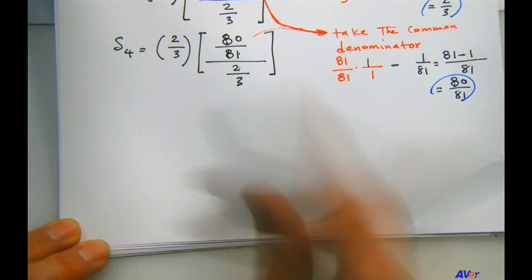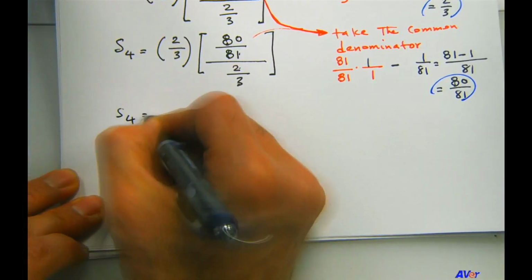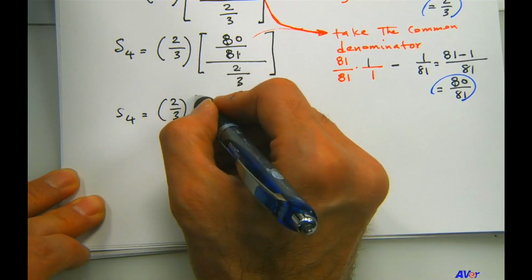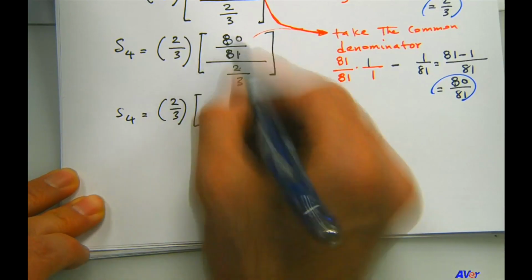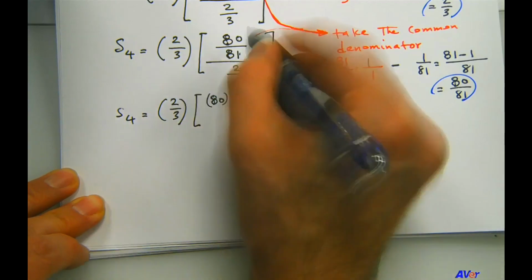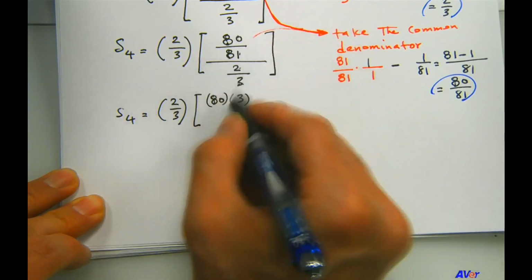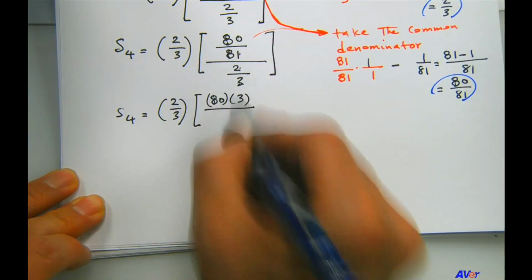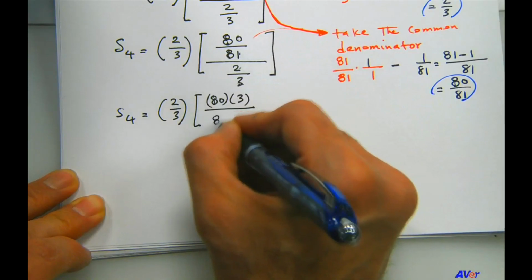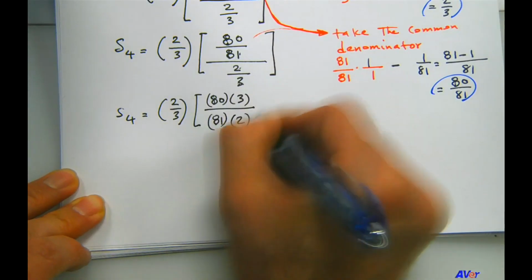So I'm going to do that next. So S4 is equal to 2 over 3 times 80 times 3. Those are the numbers farthest away from each other. Multiply them, put them in the numerator. The numbers closest to each other, multiply them, and put them in the denominator, like that.